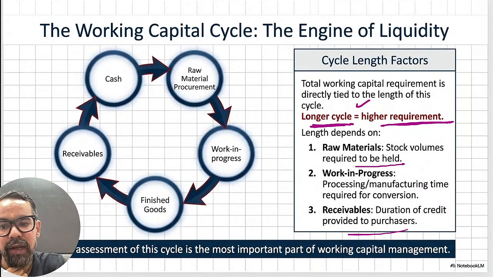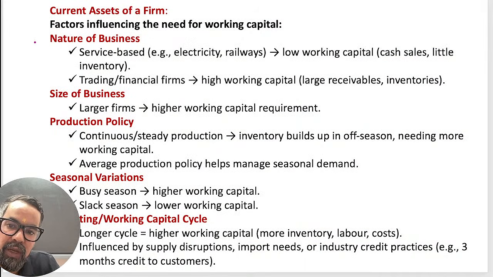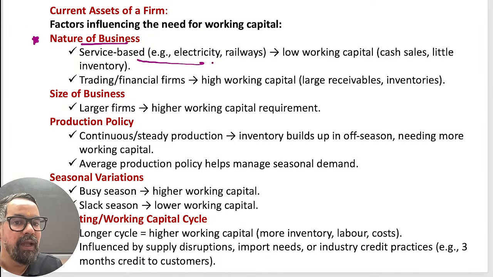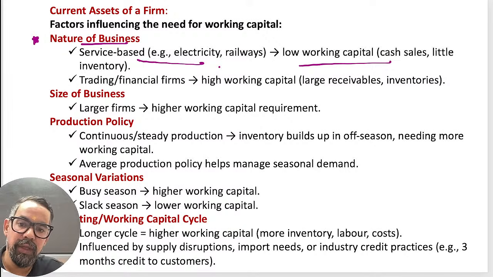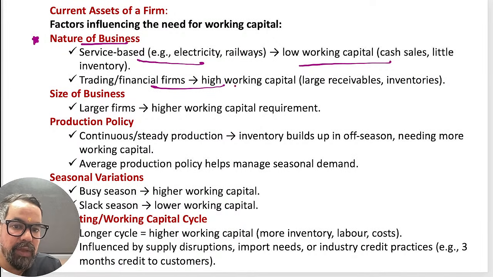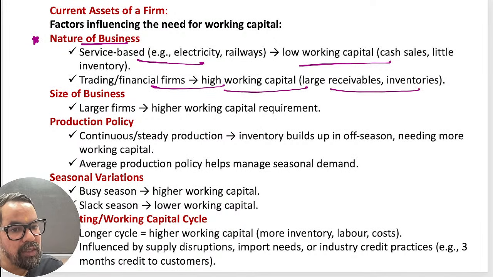So these are the factors: nature of business. Service based, like electricity, railways, have low working capital requirement because of cash sale and little inventory. Trading and financing companies have high working capital, with large receivables and inventories in their case.